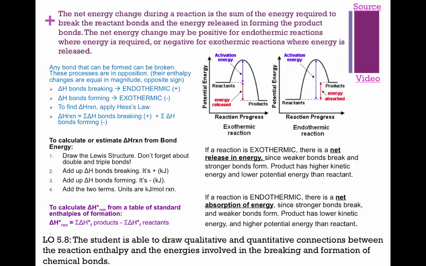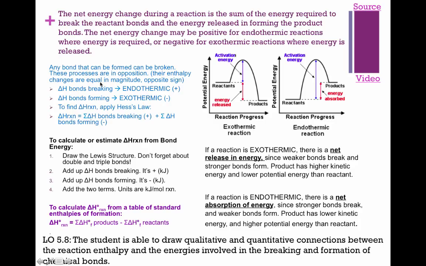Okay, so this next learning objective looks at the relationship between enthalpy and breaking and forming bonds. When you are looking at breaking and forming bonds, just keep in mind that breaking bonds is always endothermic. Forming bonds is always exothermic, because when you form bonds, you bring two, typically, especially if it's ionic, two oppositely charged ions together.